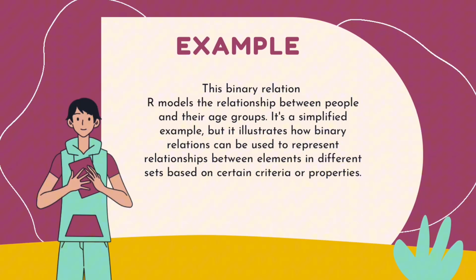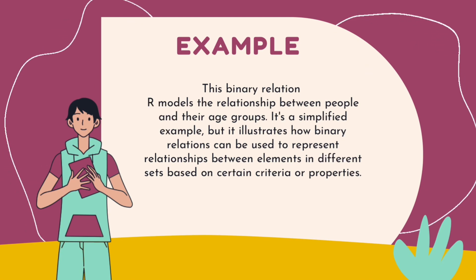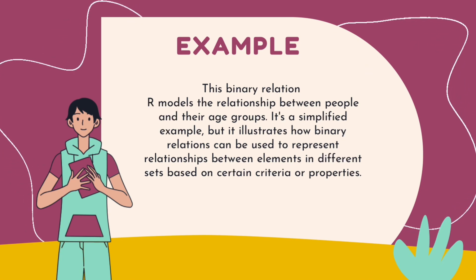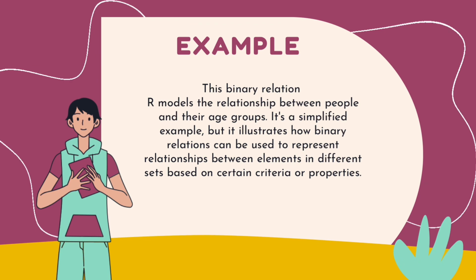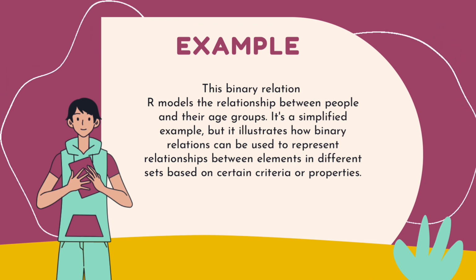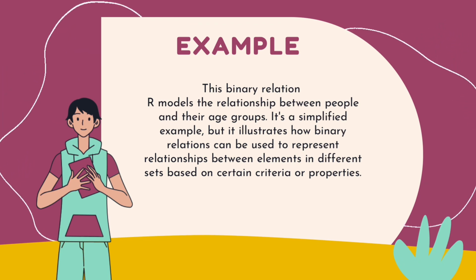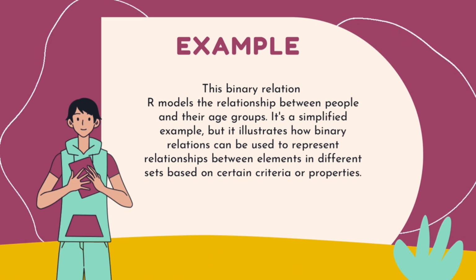The binary relation R represents the relationship between people and their age groups, illustrating how binary relations can be used to present elements in different sets based on specific criteria and properties.